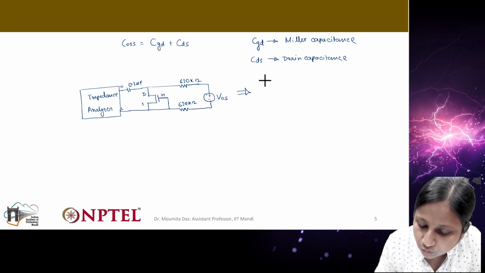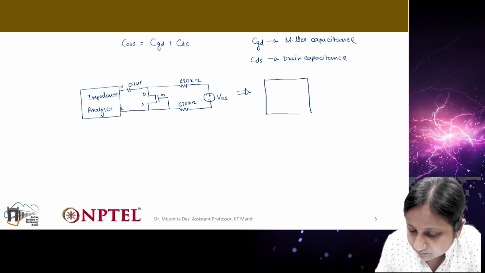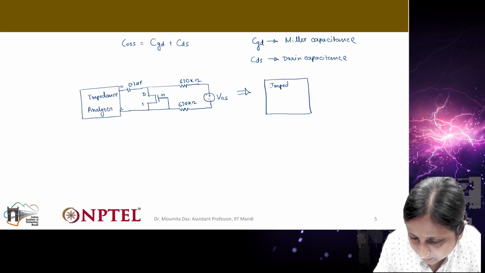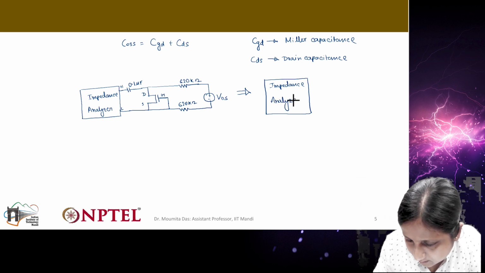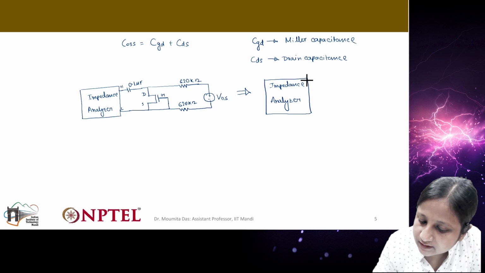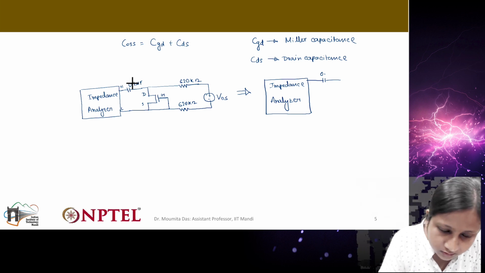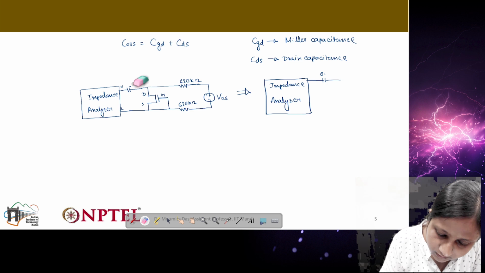Now if I try to find the equivalent impedance in this particular network, this network will look like this: it has the impedance analyzer, then 0.1 micro, sorry, this is not 0.1, this is 1 microfarad.